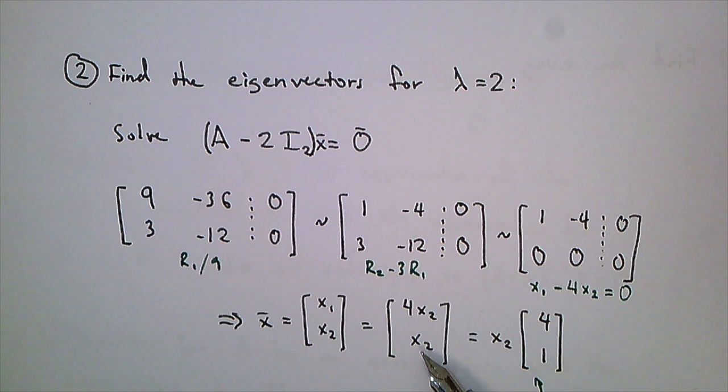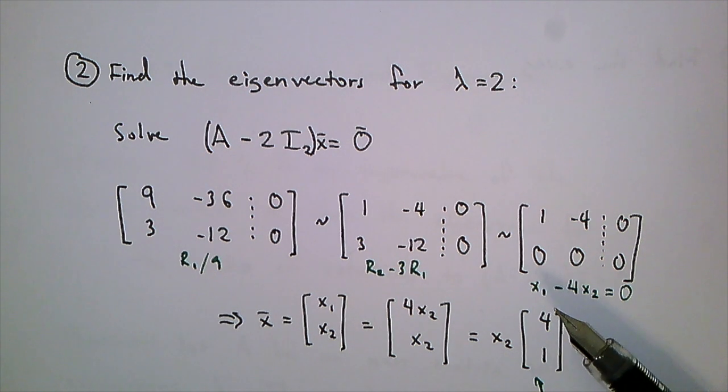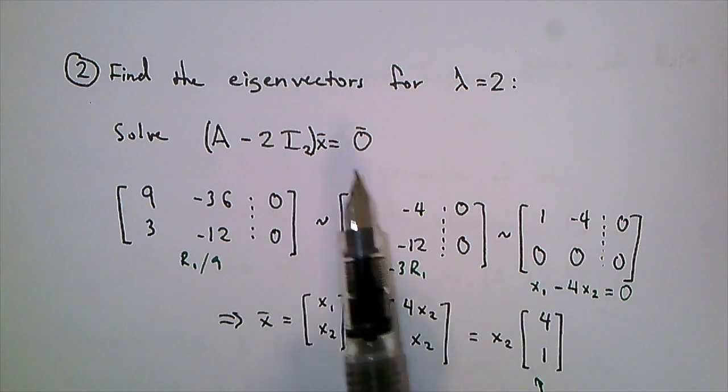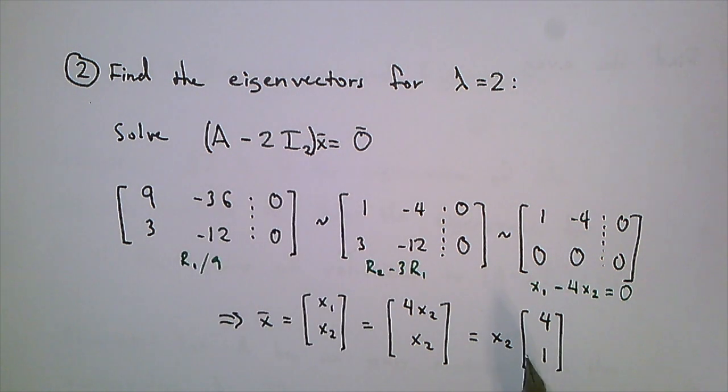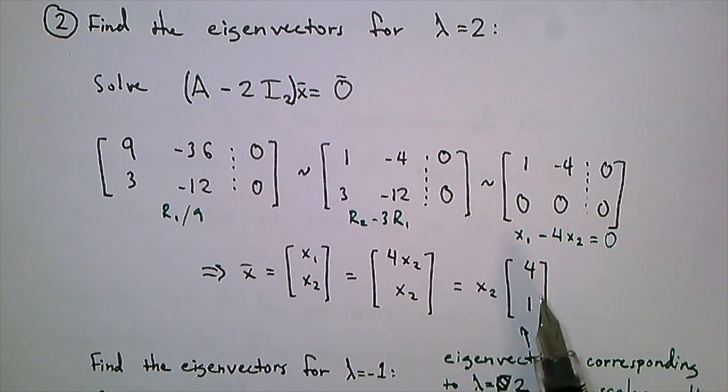And now there's a common factor of x2 that we can factor out, and then we can see that all solutions to this equation are scalar multiples of this vector 4, 1. And this is the vector that I gave you in the example to lead off the section.